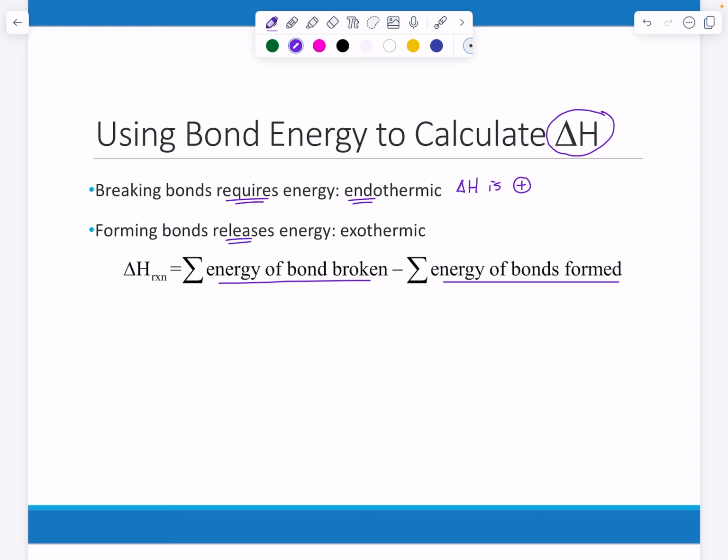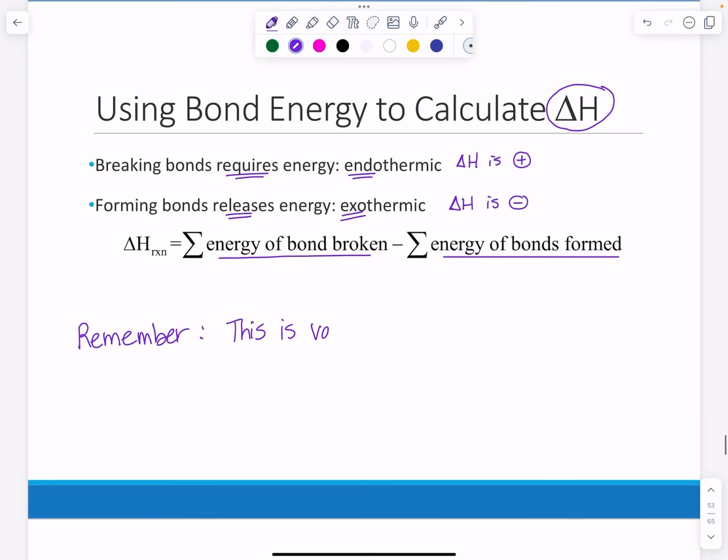It releases energy. We call that exothermic because energy exits the system, and your enthalpy is going to be negative in that case, because as you form the bond, energy is going to be lost. It's going to be released to the world. And remember, this is valid for things in the gas phase.